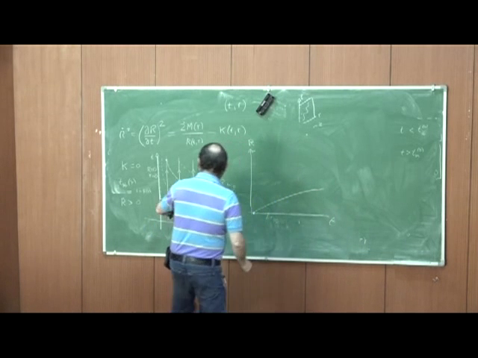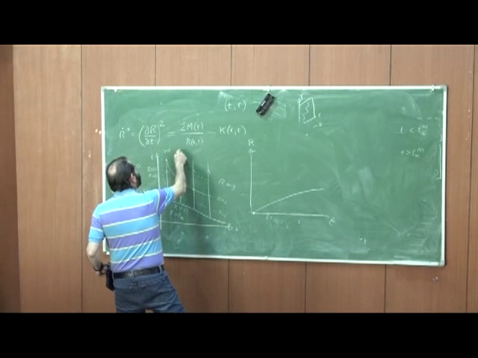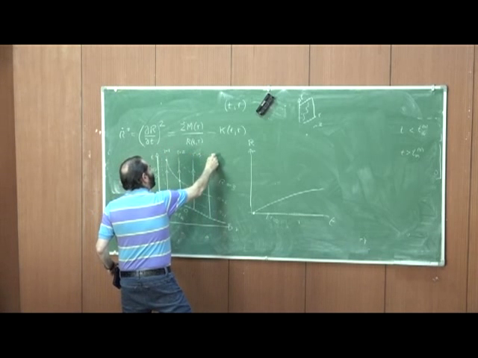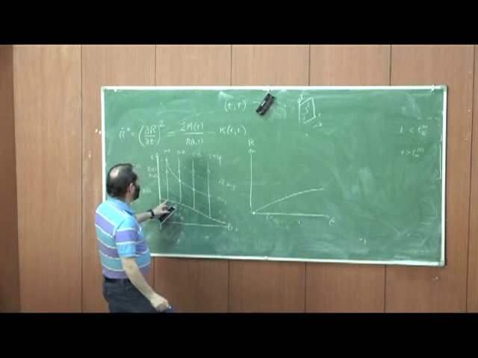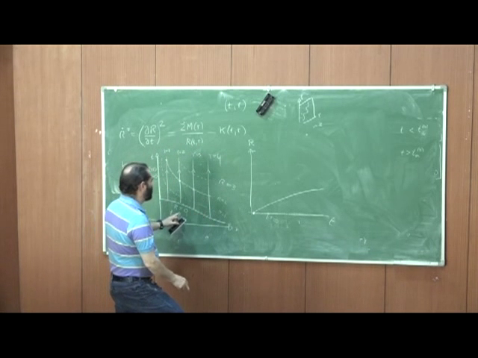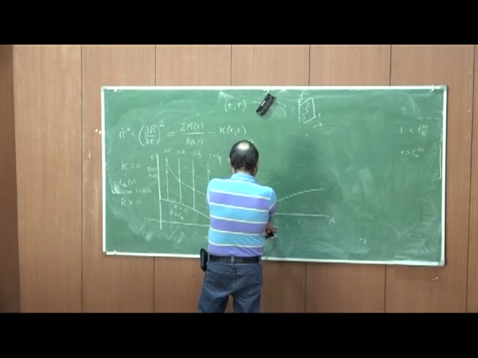Let's say this is r equals 1, r equals 2, r equals 3, r equals 4. So the one at r equals 1 is doing this. The one at r equals 2 is going to be doing, it starts here.